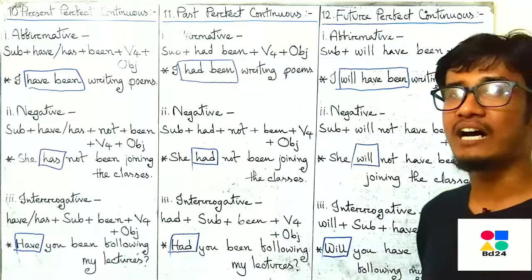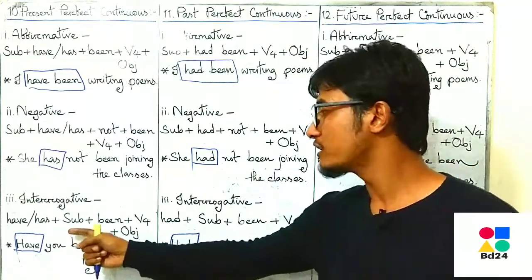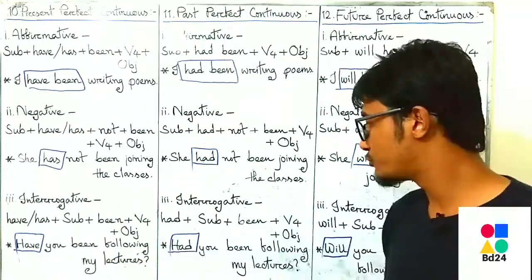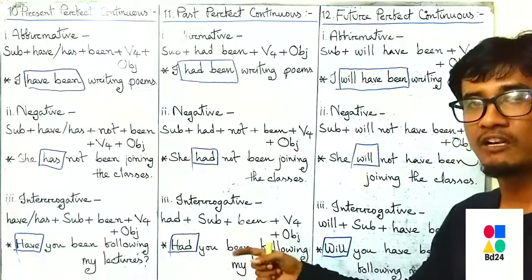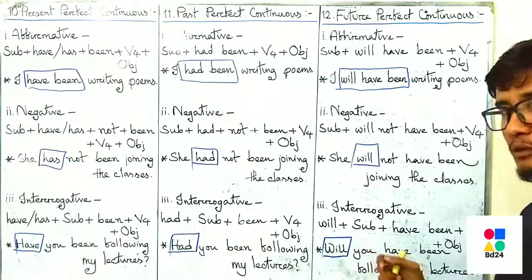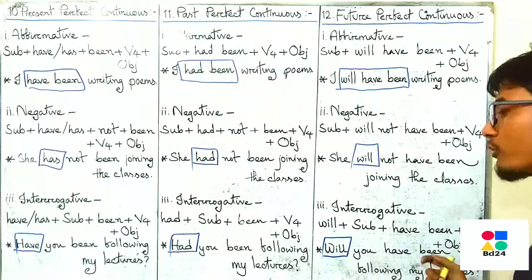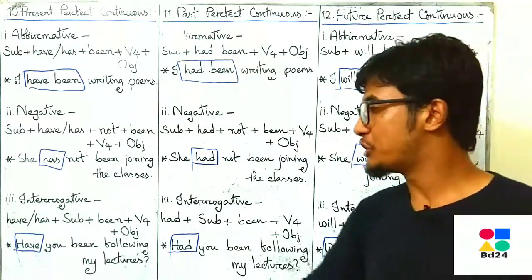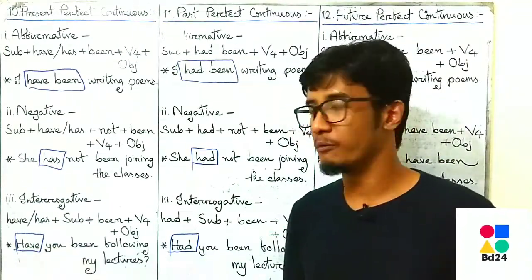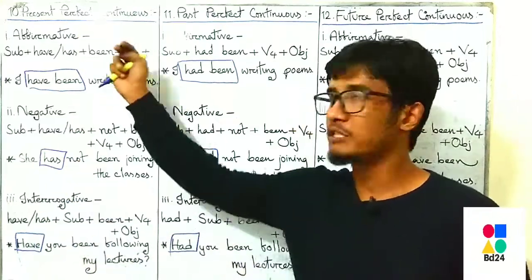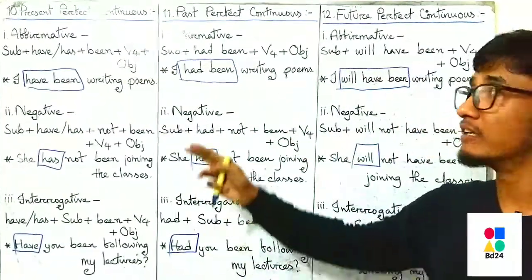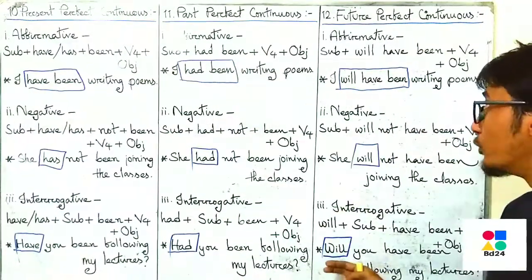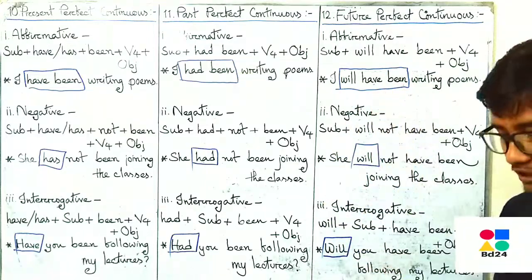The remaining things are the same. Subject been V4, object. So the only change is in auxiliary verbs. Have in present perfect continuous, had in past perfect continuous, and will in future perfect continuous tense.